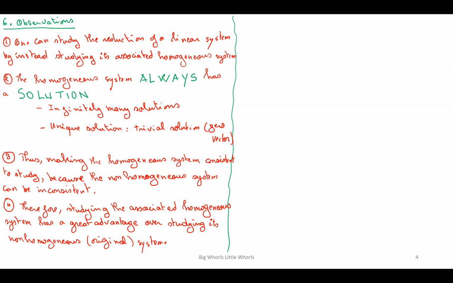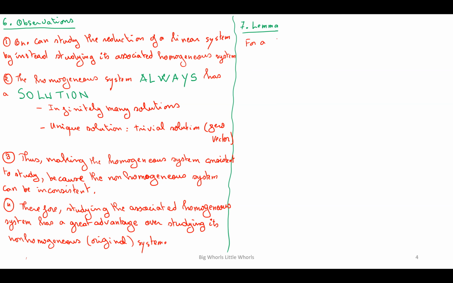Okay, so let's have a look at this lemma. It says the following. It says for any linear system and for any particular solution P, the solution set equals the following. Okay, let's go.